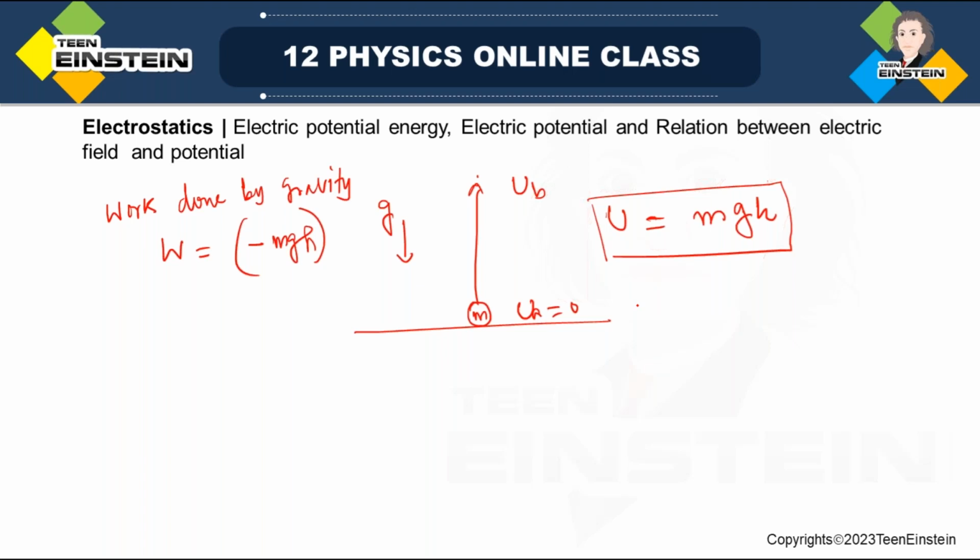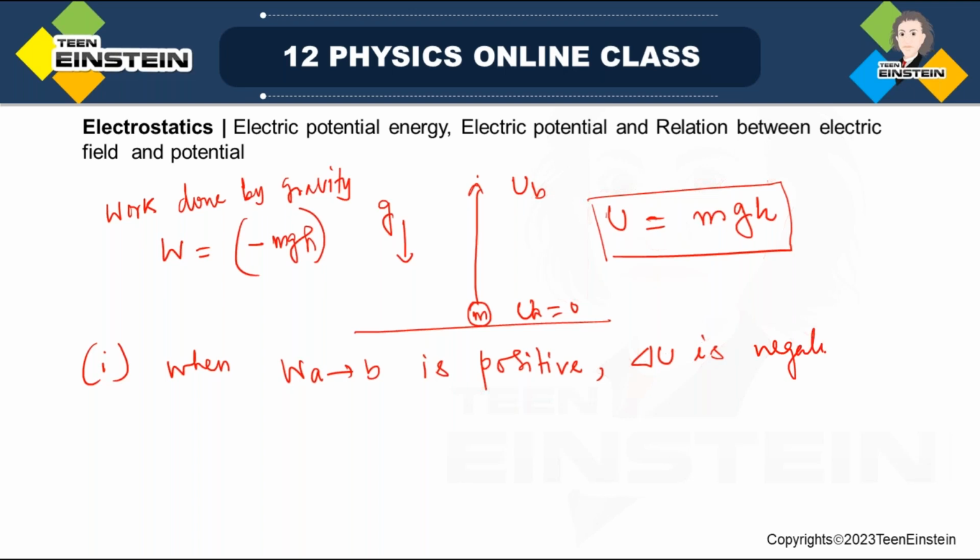And with the electric field also, we can see this. When the work done WA to B is positive, then delta U is negative, and the potential energy decreases.